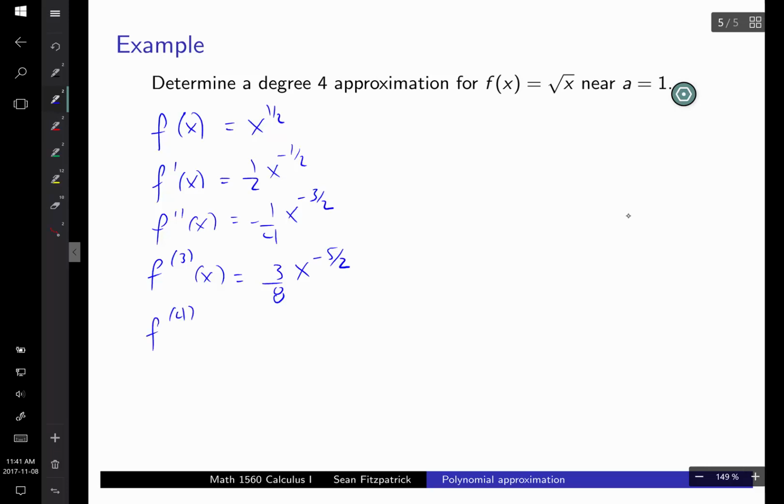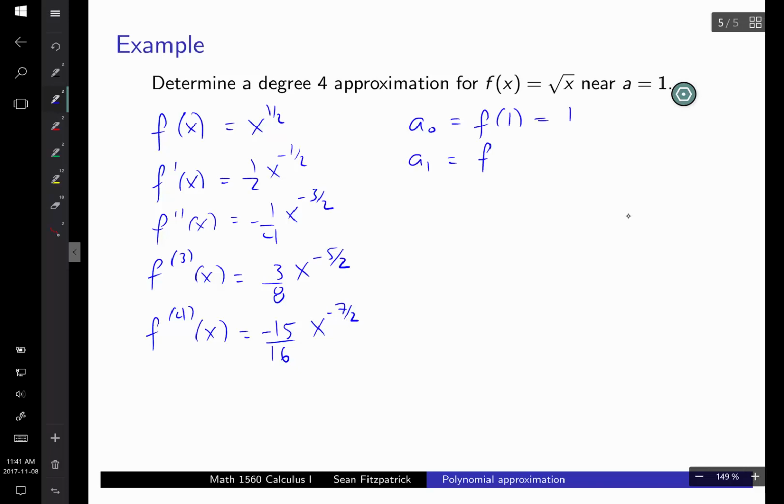I need one more derivative. The fourth derivative, I go 3 over 8, I multiply by minus 5 over 2, that gives me minus, so 3 times 5 is 15, 8 times 2 is 16, x to the minus 7 over 2. Okay, so my A0 is f of 1, which is 1.